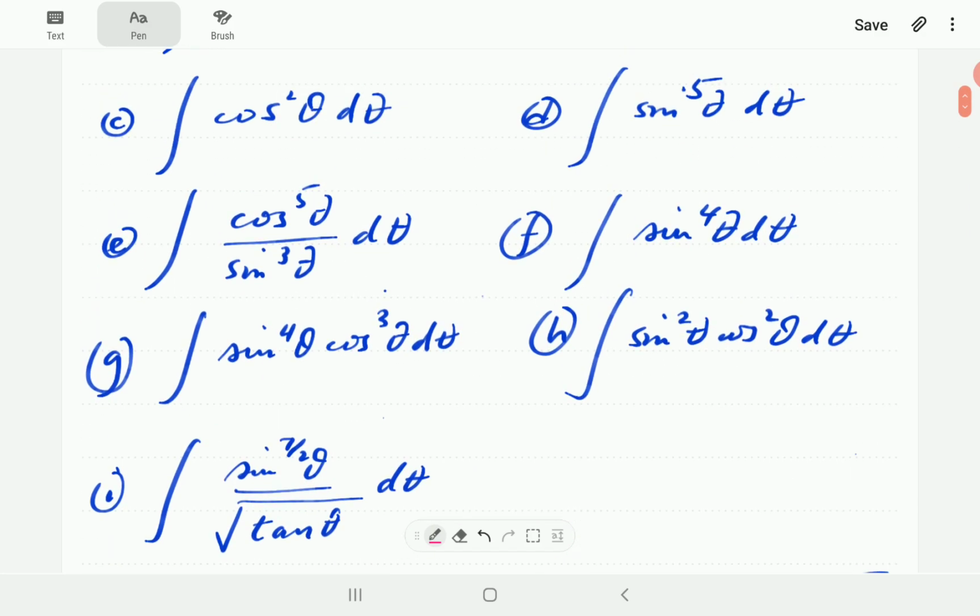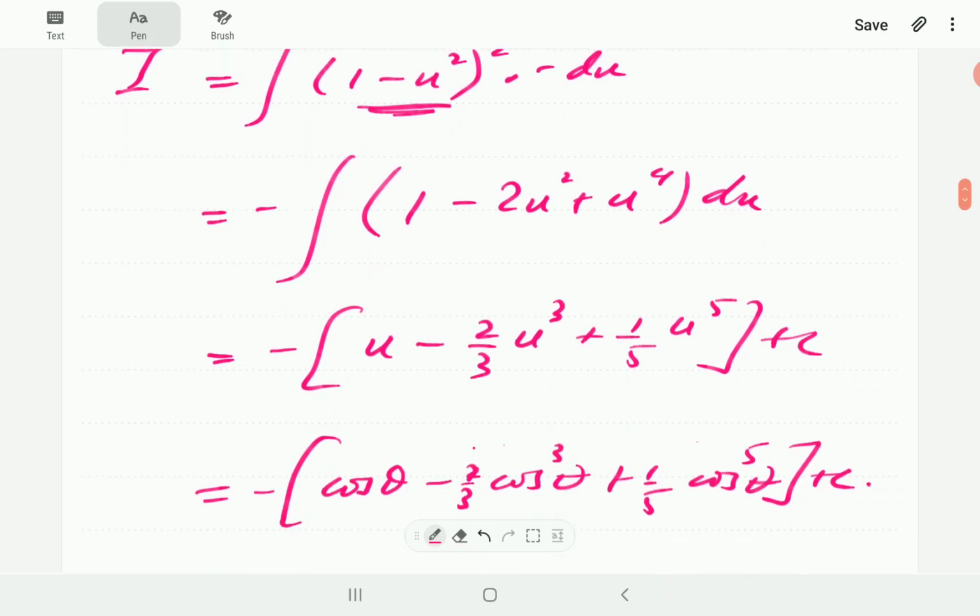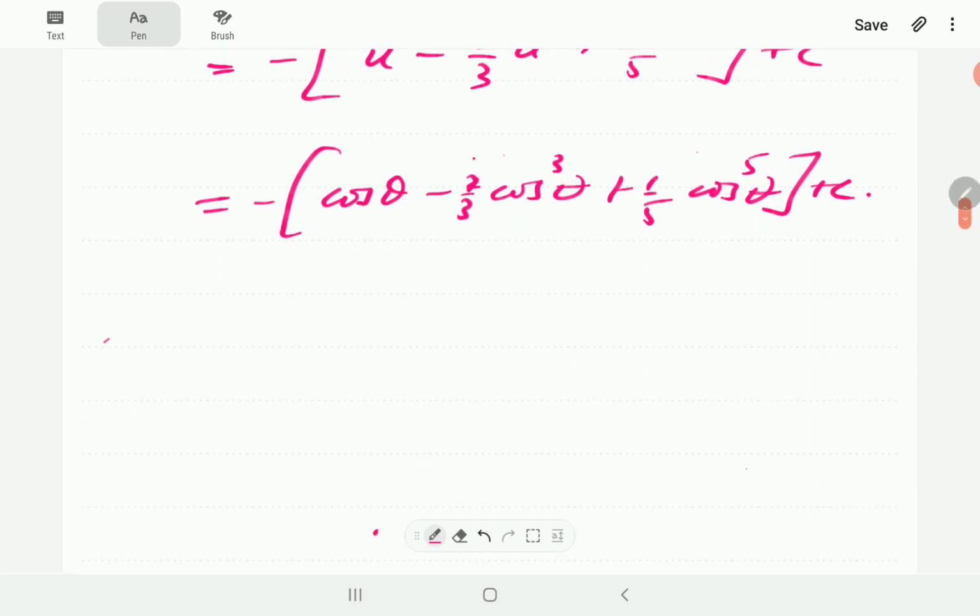And then in E we have got cosine to the power 5 over sine cubed. Cosine to the power 5 over sine cubed. Right, now both of the powers of cosine are odd.